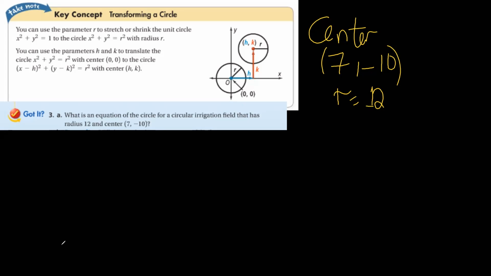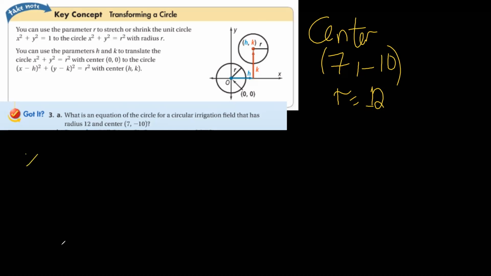It's x minus 7. Sorry. So here the center is (7, −10).